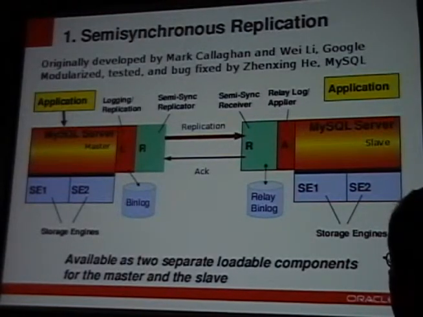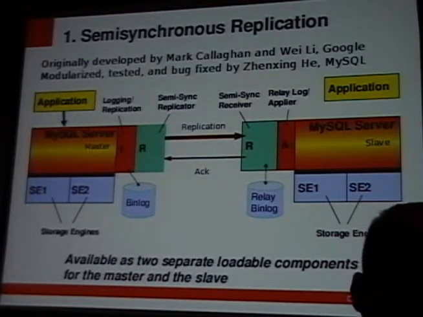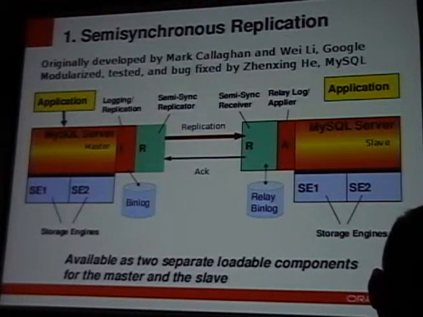So semi-synchronous replication, which was developed by Google, is two different plugins. One for the master and one for the slave. Replication works in the normal way. It sends over the replication events.